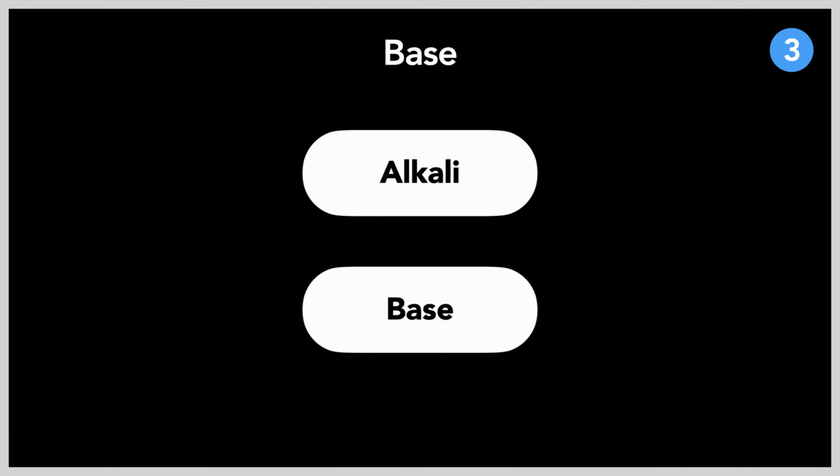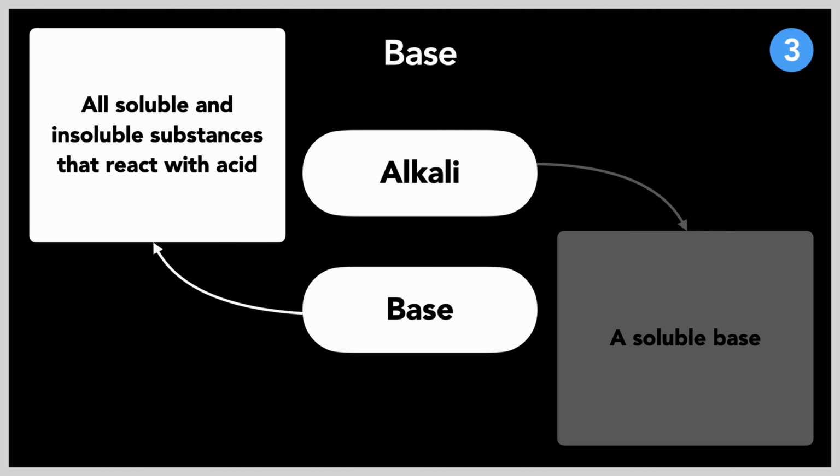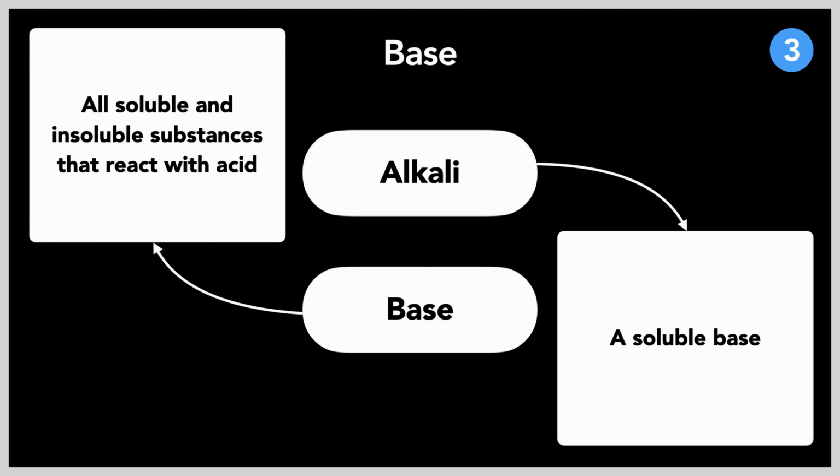The terms alkalis and bases are easily confused, but there are important differences between the two that need emphasis. The word base categorizes all soluble and insoluble substances that react with acid in a neutralization reaction to form a respective salt and water, usually an insoluble metal oxide or hydroxide, whereas an alkali is just a soluble base, usually a soluble metal hydroxide.